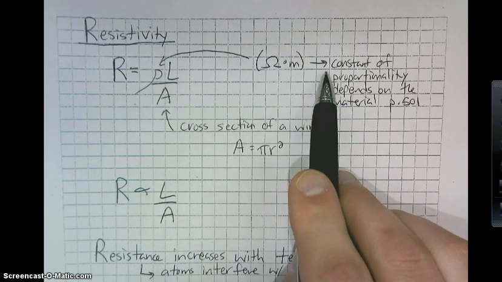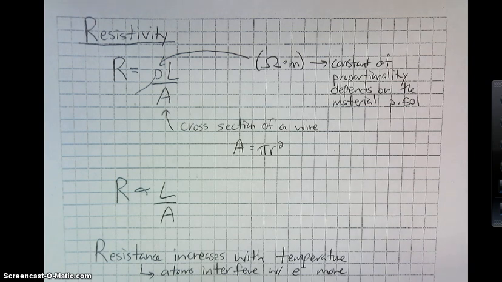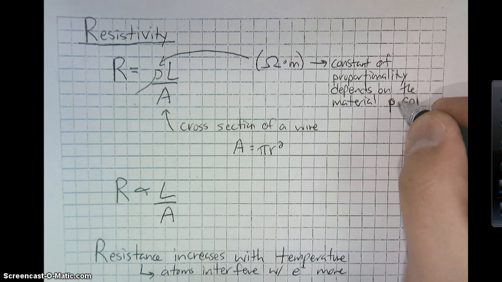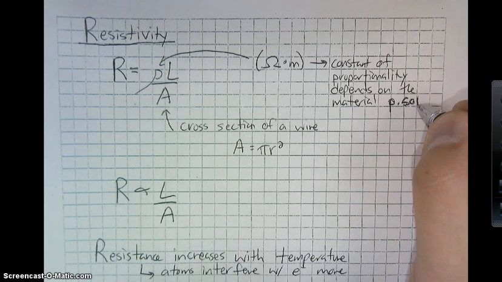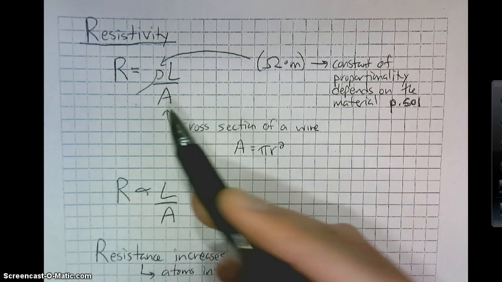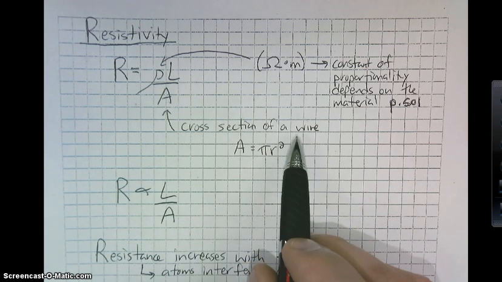It's defined as the constant of proportionality, which is strictly dependent on the material itself. You're going to need those values, and in your Giancoli book, they're on page 501 if you need to look them up. Then this area, if it's a wire, is the cross section of that wire.